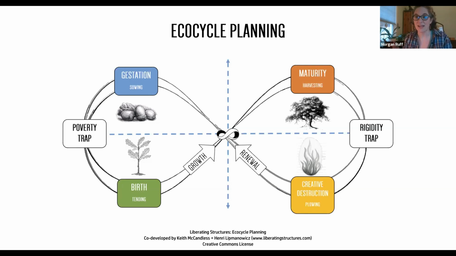I really like it to better understand where things are in our lives and getting a clearer sense of what is happening. So this Ecocycle is just a figure 8 turned on its side. And starting at the top, we have the gestation, the sowing.